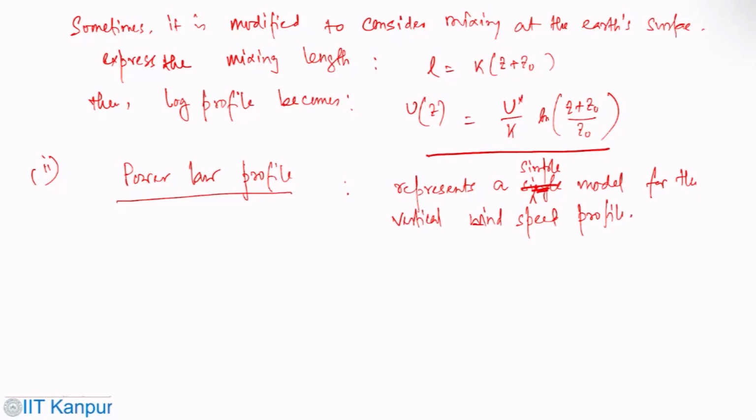This is represented as U of Z by U of ZR equals Z by ZR to the power alpha.